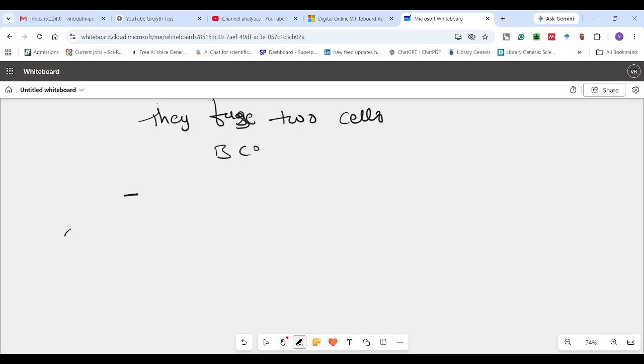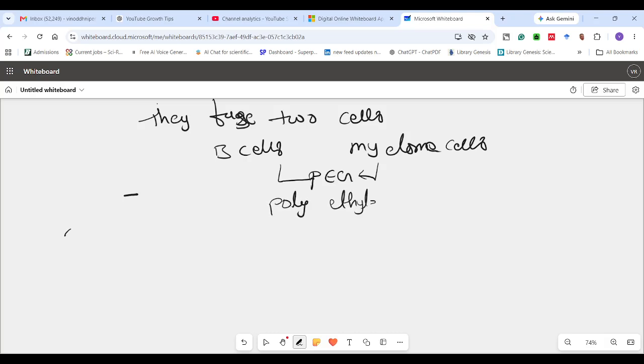In this, they fuse two cells, B cells and myeloma cells, with the help of PEG, that is polyethylene glycol.